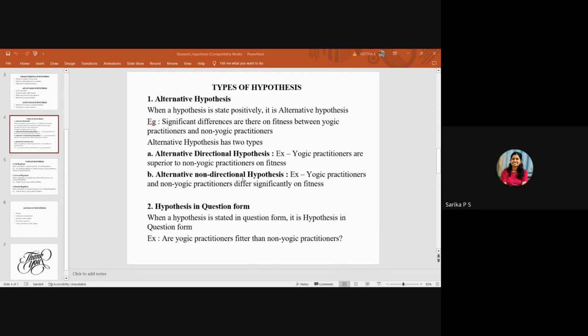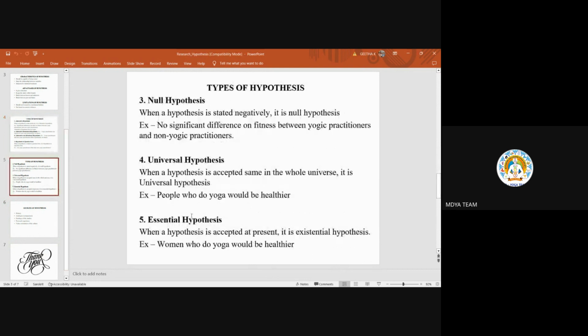Anybody? So, ma'am, can you differentiate between this universal and existential hypothesis? Yeah. Universal hypothesis is a normal universal statement. It's a generalized statement accepted by everybody. That is called as universal hypothesis. And there is no controversy in the guess. As we have already told you, hypothesis is nothing but an intelligent guess, right?